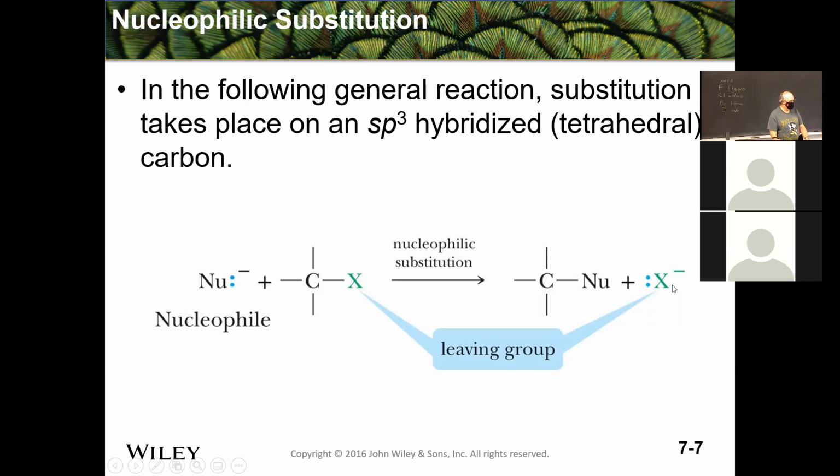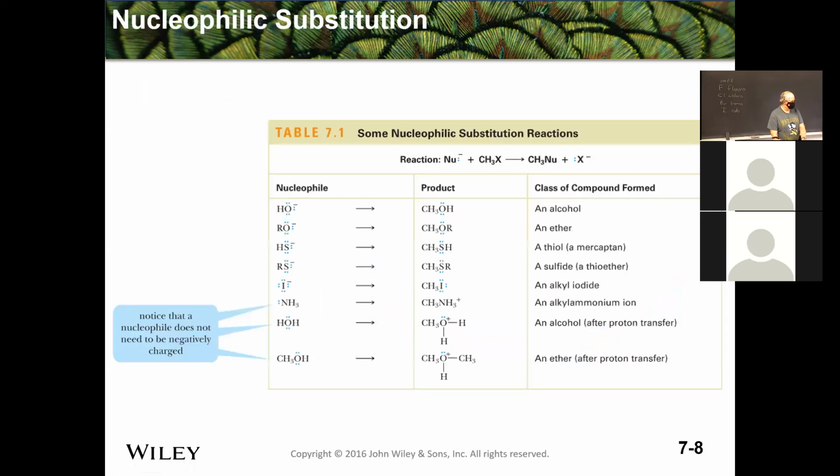And then our halide ion, Cl minus or Br minus or whatever it happens to be, is what's known as the leaving group. These are just a few of the many nucleophiles that we can use to carry out a substitution reaction.